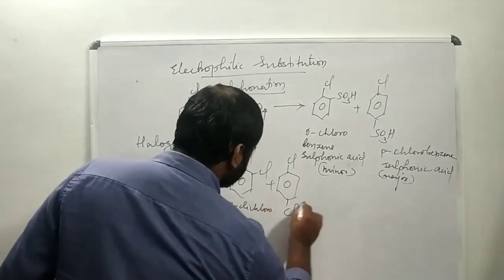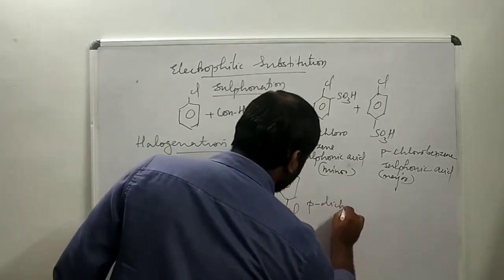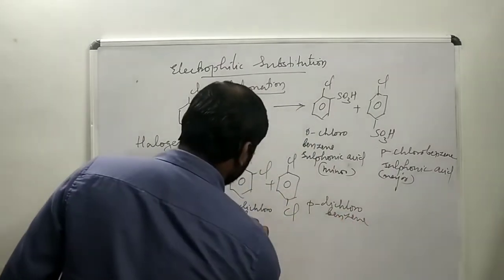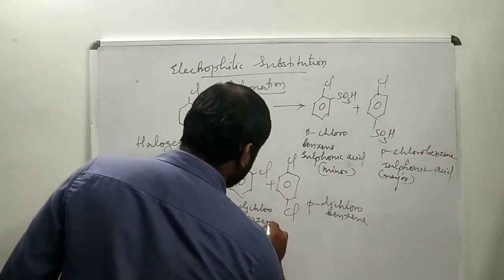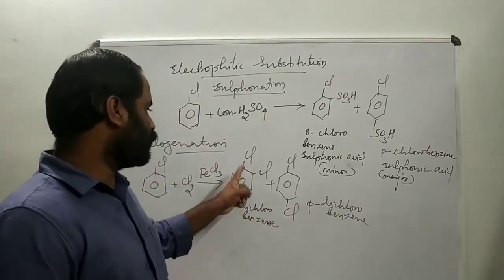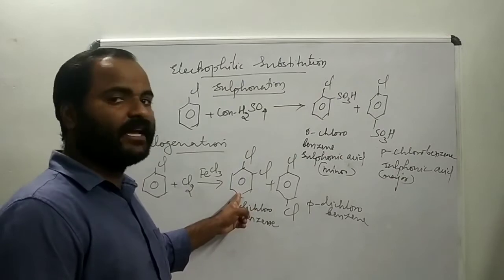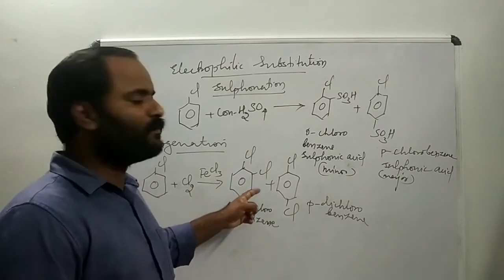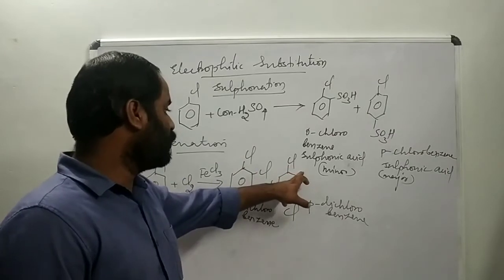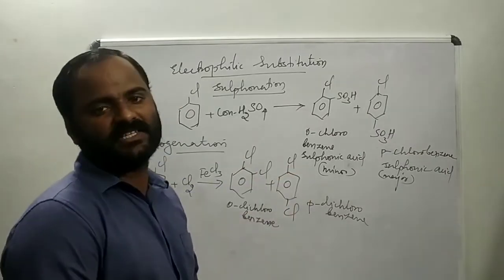Orthodichlorobenzene and para-dichlorobenzene. In the IUPAC system, this compound is known as 1,2-dichlorobenzene, and this one is known as 1,4-dichlorobenzene.